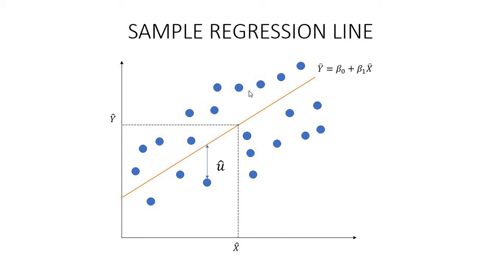However, if you minimize the sum, you will not account for the fact that you are not interested in the direction. So take a look. In this case, the empirical value of y is higher than the predicted value of y. In this case, the empirical value of y is smaller than the predicted value of y. And actually there is no difference for you in terms of estimation.